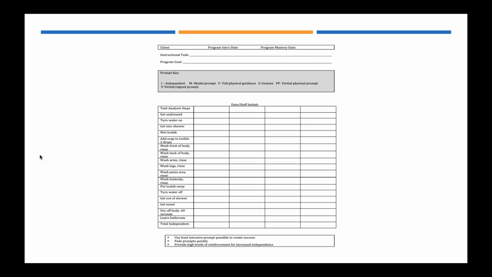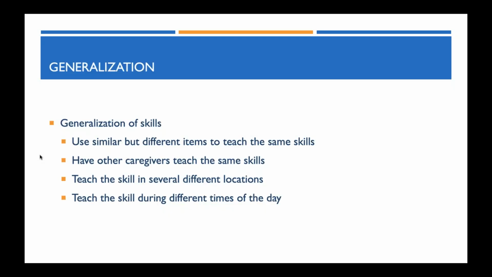So you can, in each box, say if the skill was completed independently, or if it was prompted, what type of prompt was used. And at the very bottom, you can total how many independent responses the learner engaged in. So this is just an example. You can really do it in different ways, but that's pretty much the idea, how you could collect data on it.